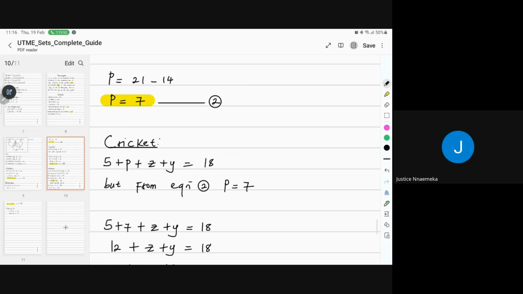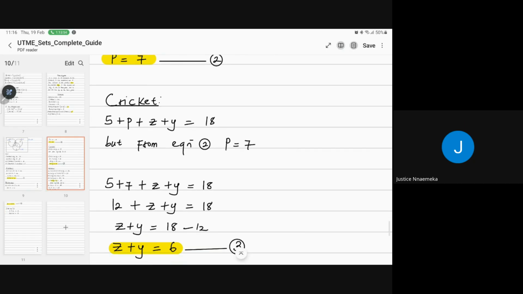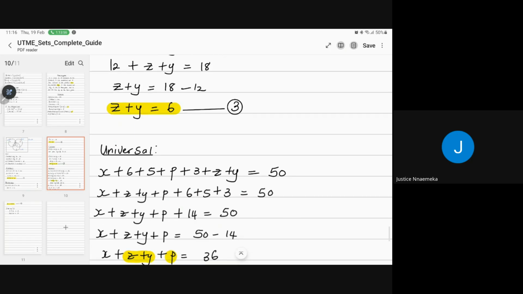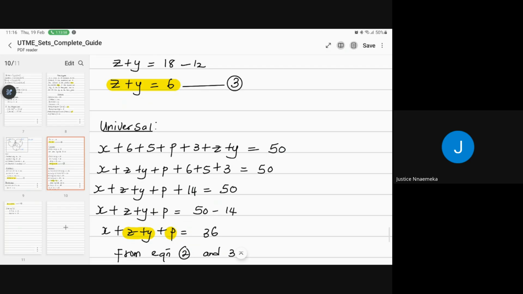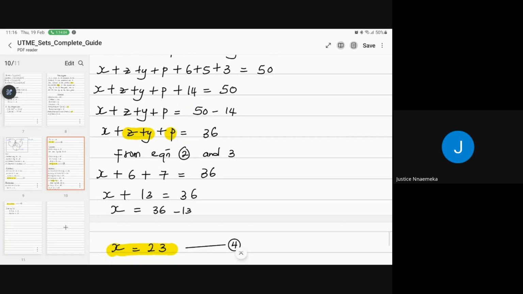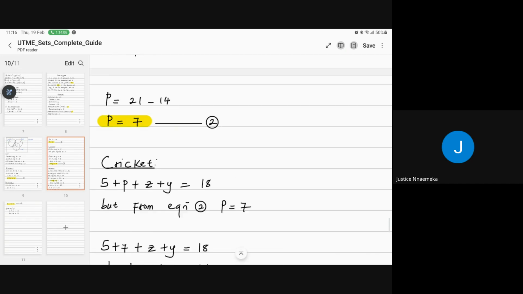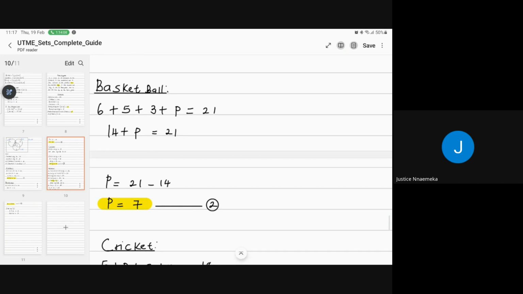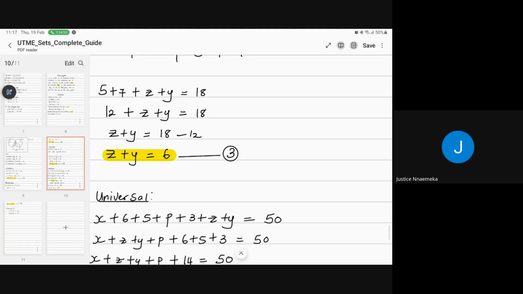Check well. It will give us a negative sign. Then z plus y is 6, p equals 7.